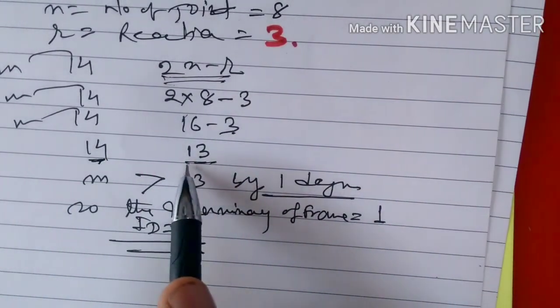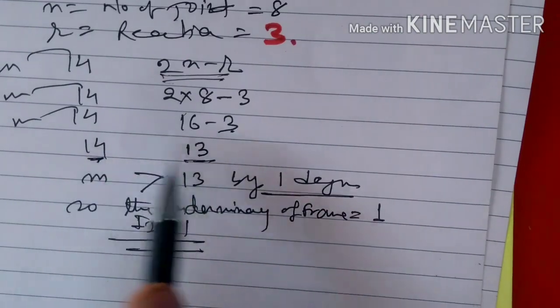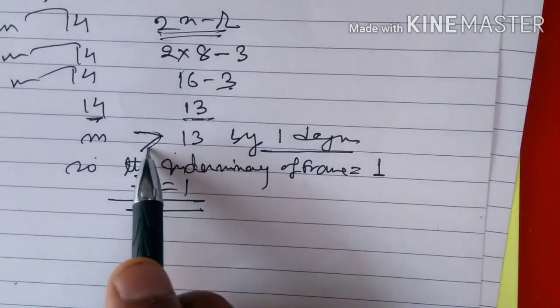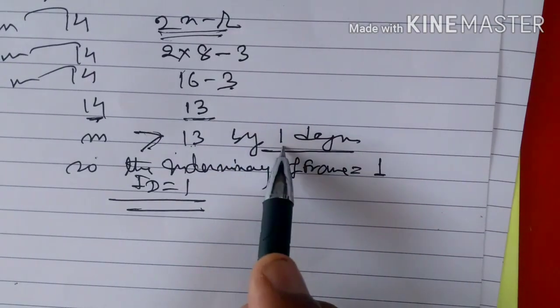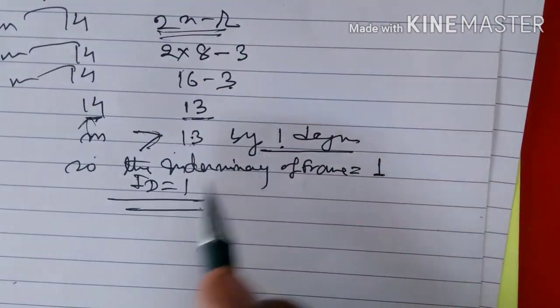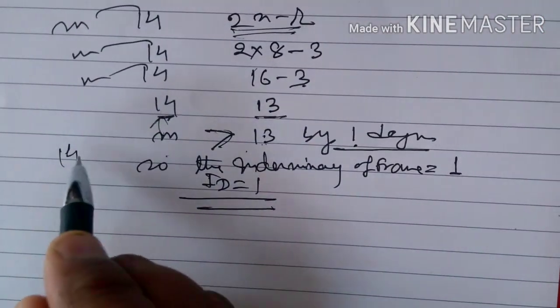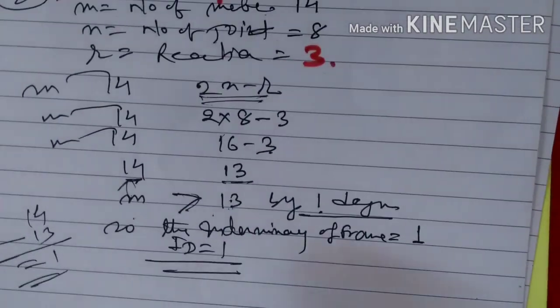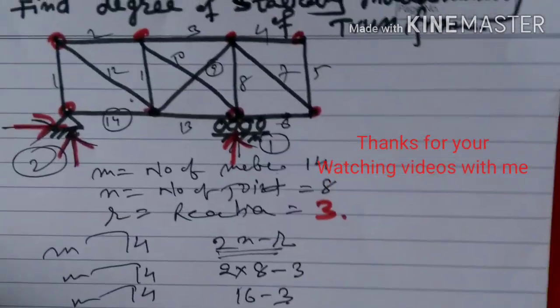So the member count is greater by 1. Here is 14 and this is 13. So 14 minus 13 equal to 1. So the degree of indeterminacy becomes 1 for this structure.